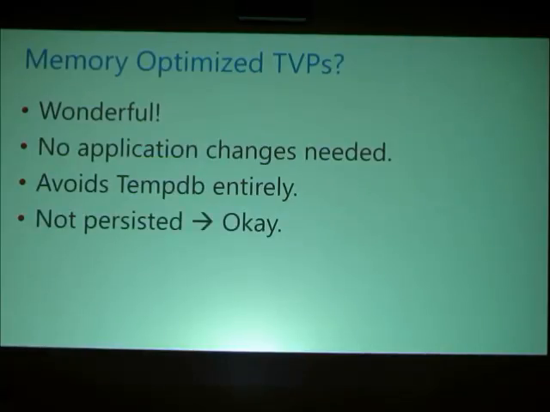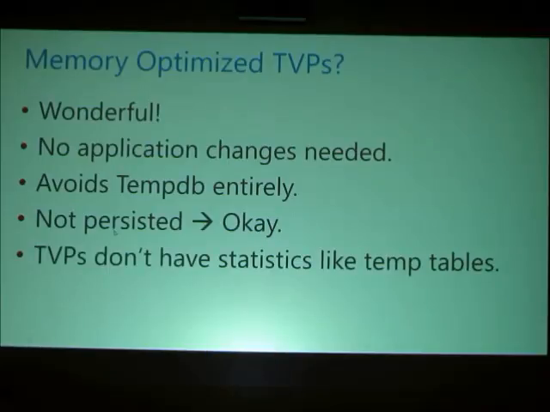Not persistent, but that's okay in my situation. Like I said, we don't actually persist procedure argument values. This is exactly what we're using them for. Now, TVPs don't have statistics like temp tables, so in your case, your temp tables might perform better. But my workload is so simple that I want the lightweight TVPs that this gets me.